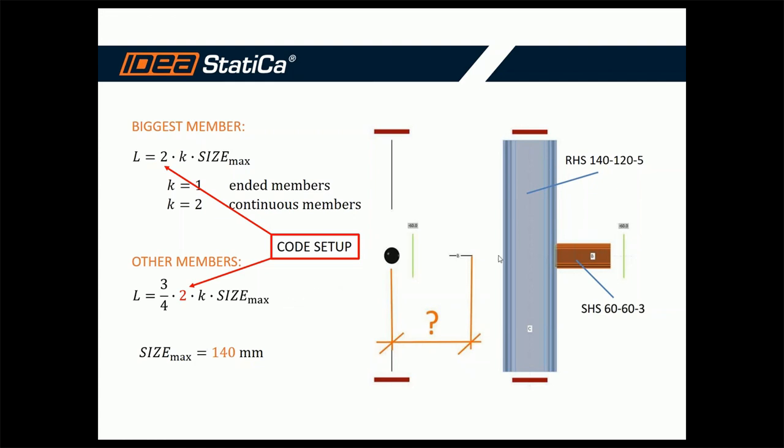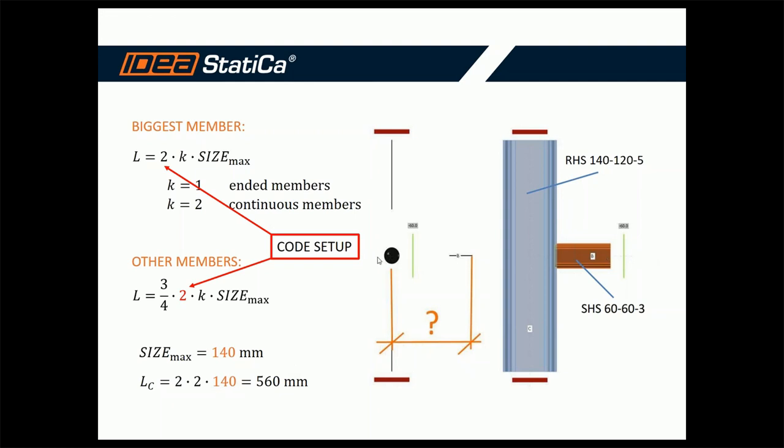For example, take the connection that you see in the picture. The maximum size is 140 millimeters, which is the height of the column C. So the length of the column will be 2 times 2 times 140 millimeters, which is 560 millimeters.